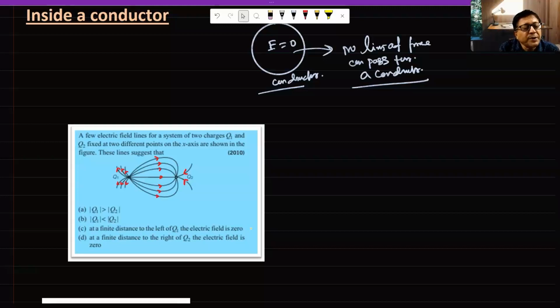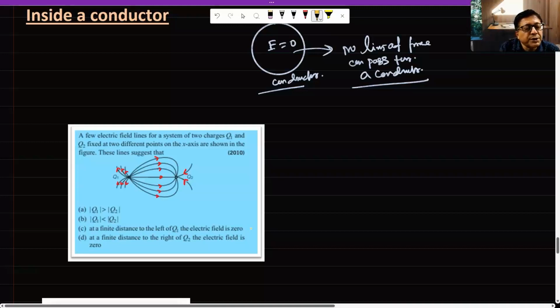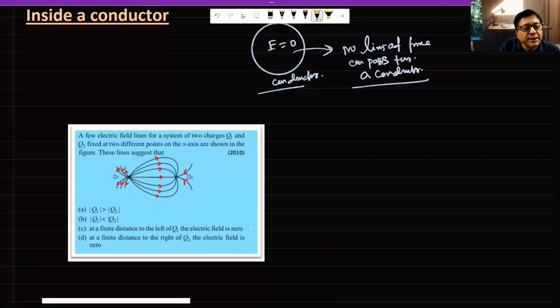From Q1, how many lines of force are emerging out? 1, 2, 3, 4, 5, 6, 7, 8, 9, 10, 13. So if we write the number of lines of force emerging out from Q1 equal to 13, then the number of lines of force terminating at Q2 will be 9.